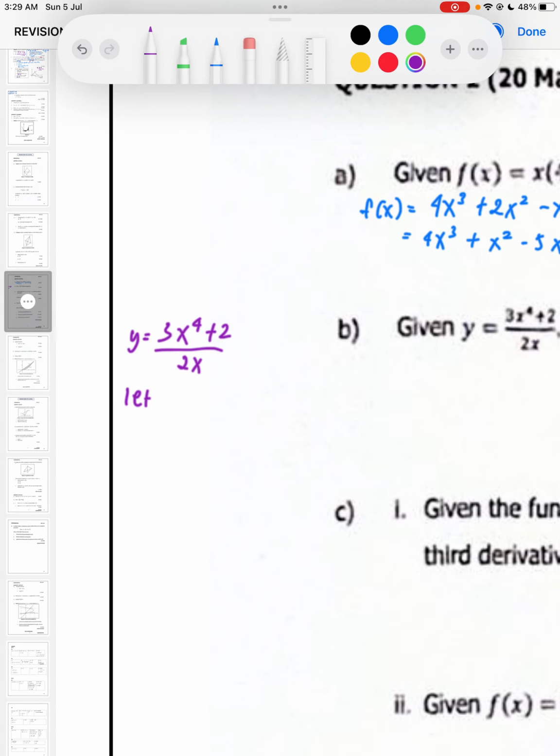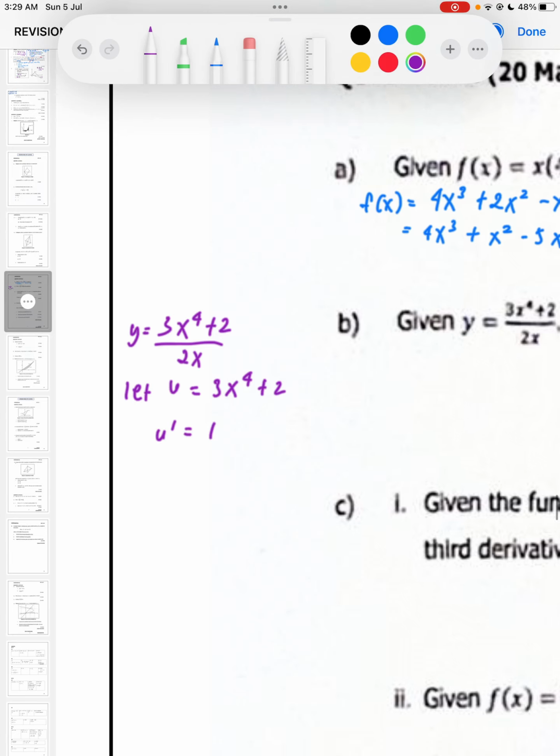So first, I'm going to let u equal, normally people will write it out like this, but I'm too lazy to write that, so I'm just going to write let u equal 3x to the power of 4 plus 2, and then I will immediately differentiate that. So it's going to be u prime equals 12x cubed.